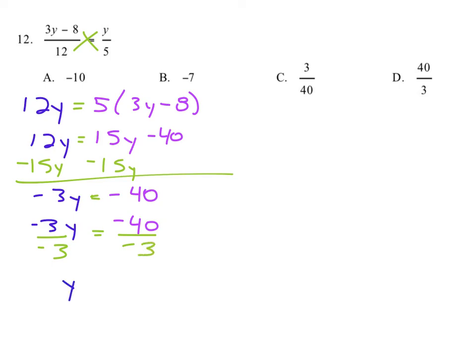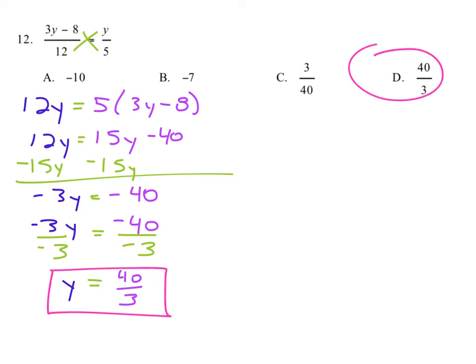We get y is equal to, and the negatives cancel out, but we can't really divide 40 evenly by 3, and so you can see in the answers they left things as improper fractions. So we get 40 over 3, and I'll just box that out. That's the answer right here.